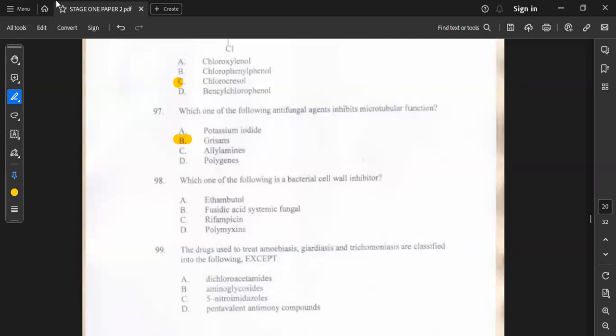And then ketoconazole has endocrine effects. Since Dr. Salman said it inhibits the cytochrome P450, when it inhibits, it affects the synthesis of androgens.